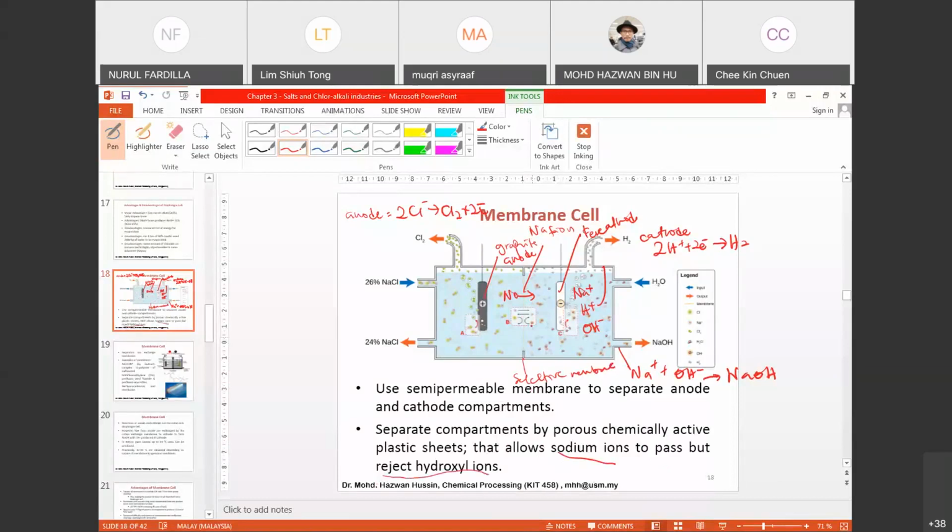So there's no way that hydroxide ion can be back migrated or back transferred to the anode. So this is not possible.